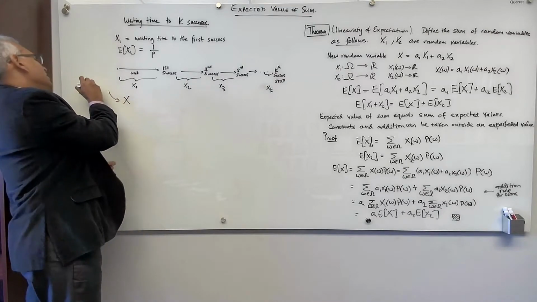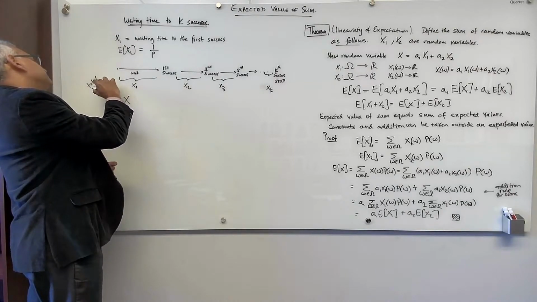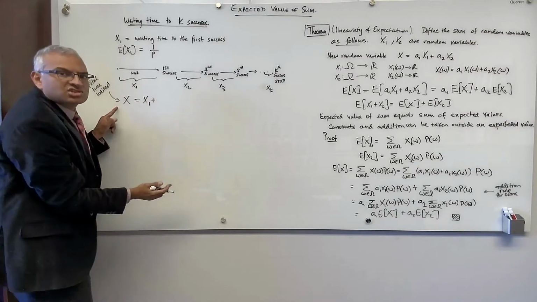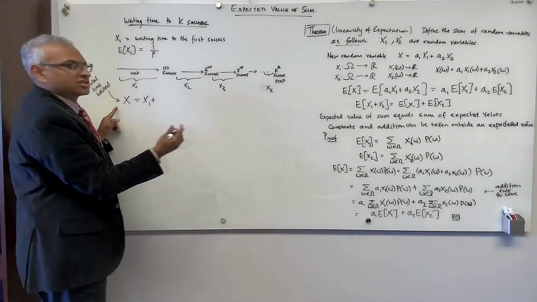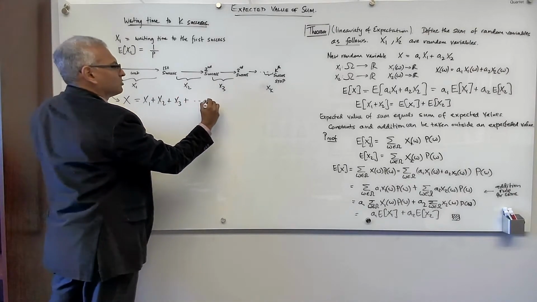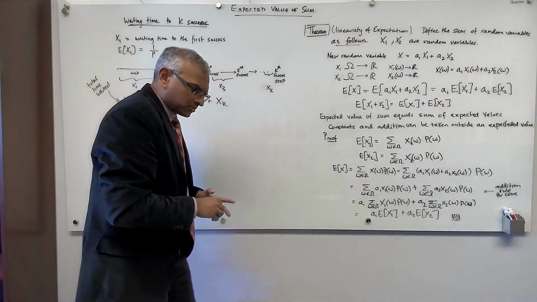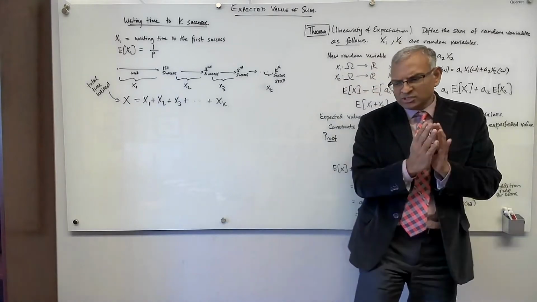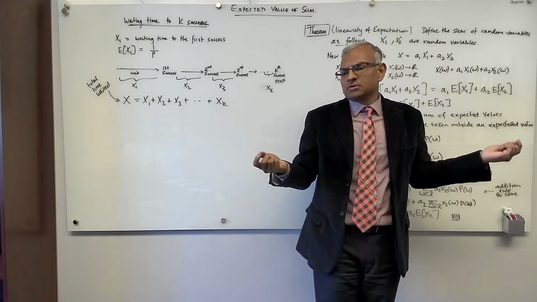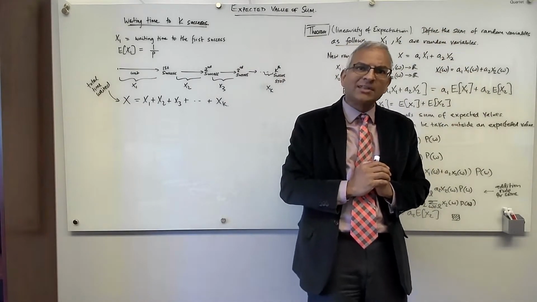So the total time waited, well, that's just the time you wait for the first success plus the additional time you wait from the first to the second success, plus the additional time to the third success, plus and so on, plus xk. Very interesting. Okay. So the waiting time, which is how long do I have to wait for k successes, looked like a complicated random variable that we might have a hard time trying to analyze.